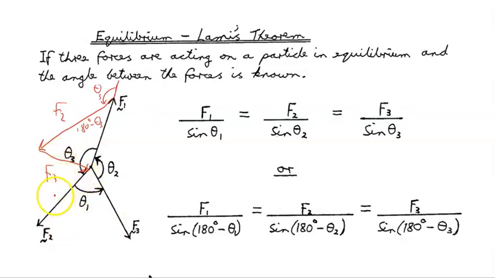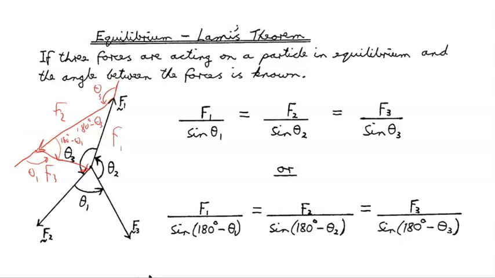That should be theta 1 there. So in here should be 180 degrees minus theta 1. And this is of course F1. I'm not going to add any more to that diagram, otherwise it's going to get really messy.